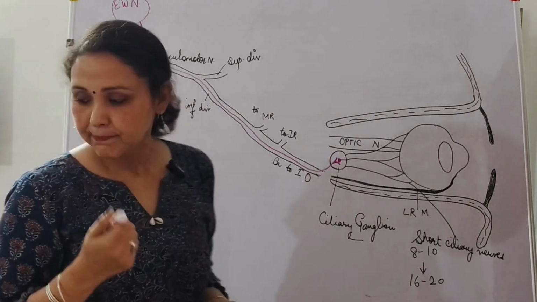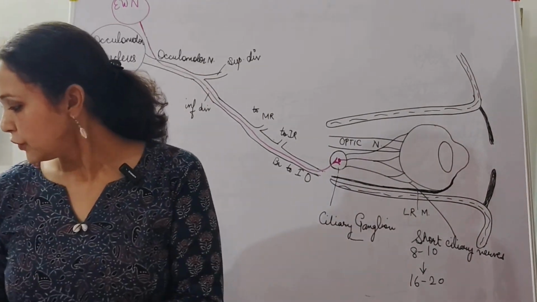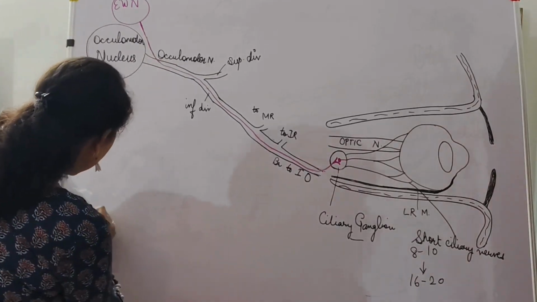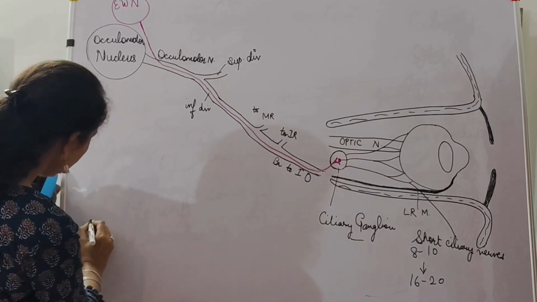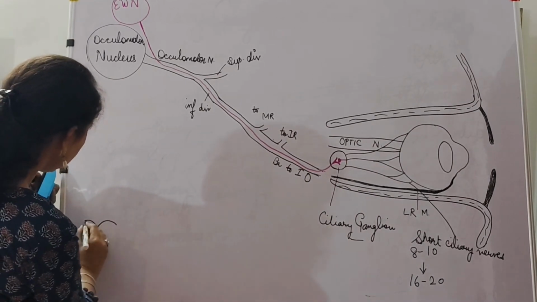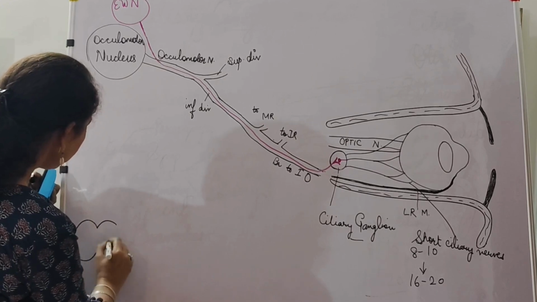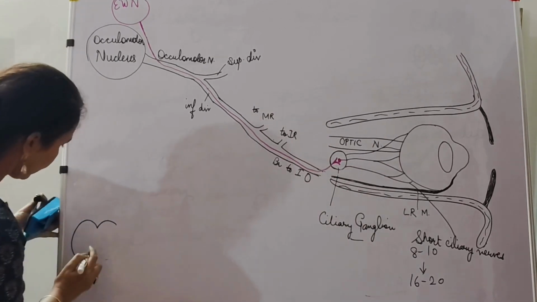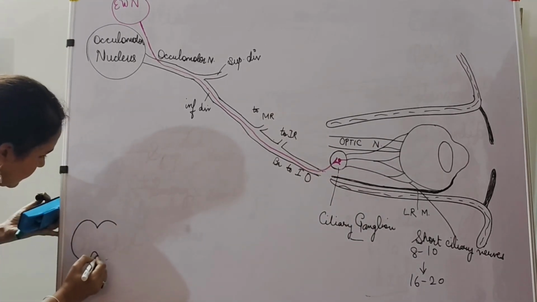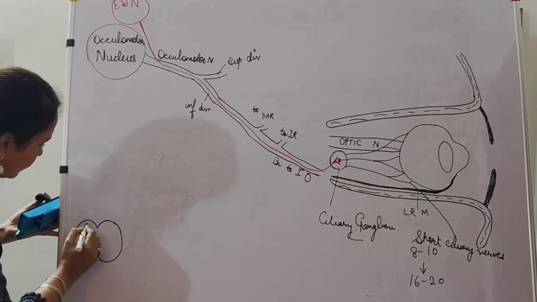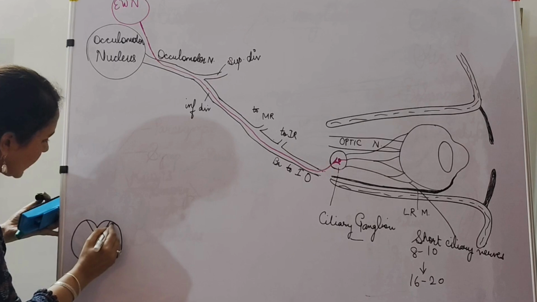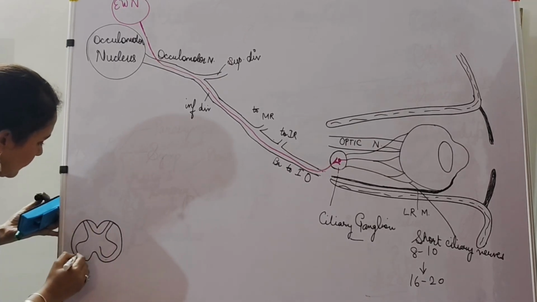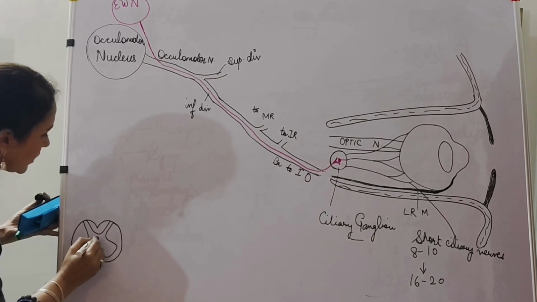Now coming to the sympathetic root. For the sympathetic root, I can use another color. So we can leave some space here. We have the spinal cord. We can draw a transverse section of spinal cord with the central canal.